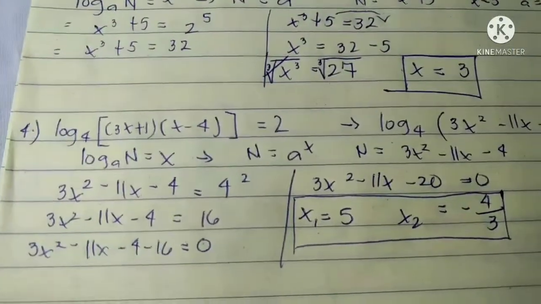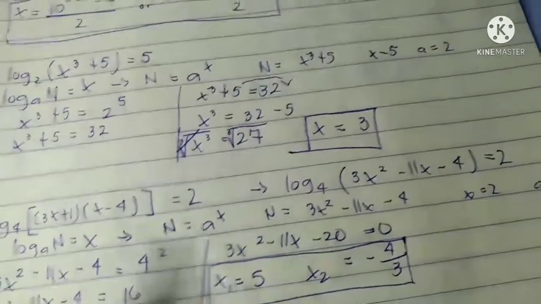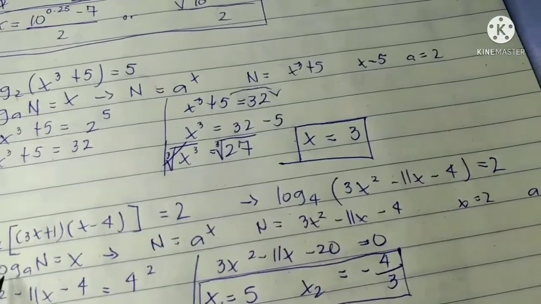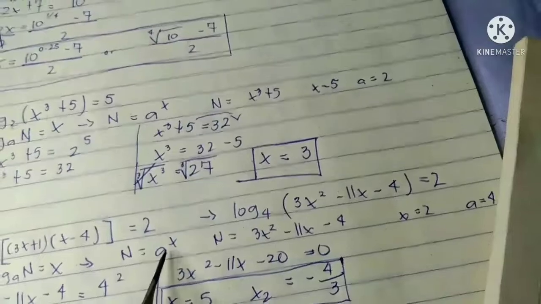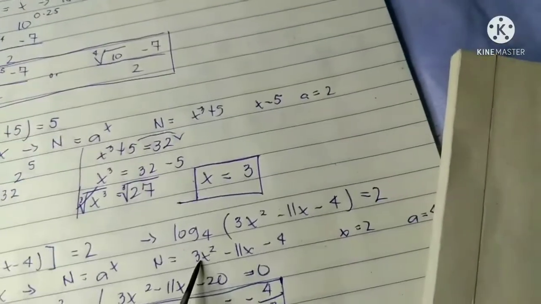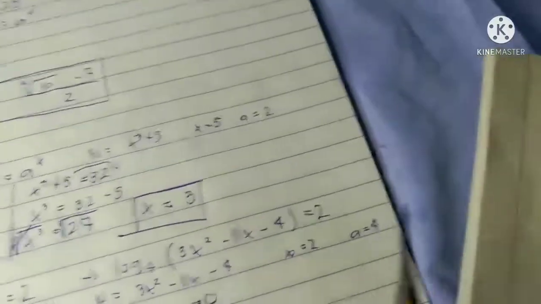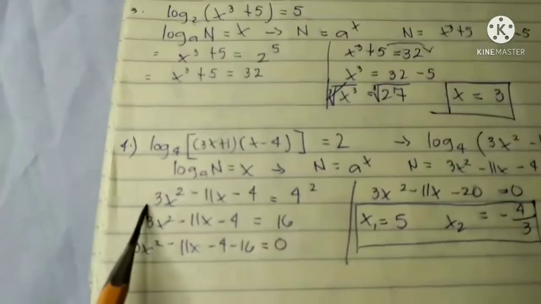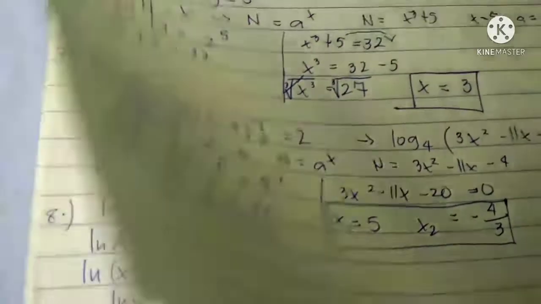We will use again this formula to get our exponential form: log base a of n is equal to x becomes n is equal to a raised to x. So our n is 3x squared minus 11x minus 4, our x is 2, and our a is 4. So we can now write 3x squared minus 11x minus 4 is equal to 4 squared.